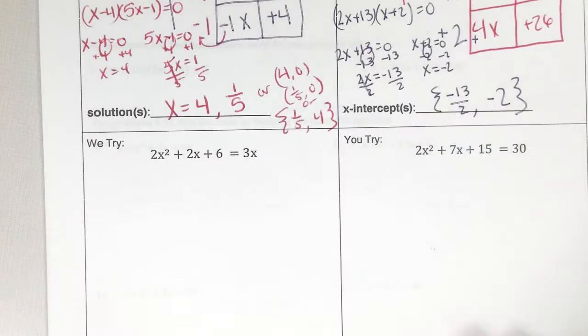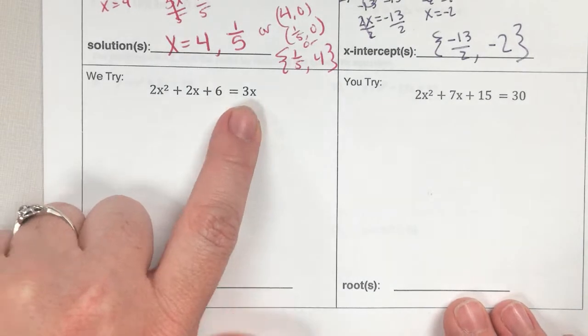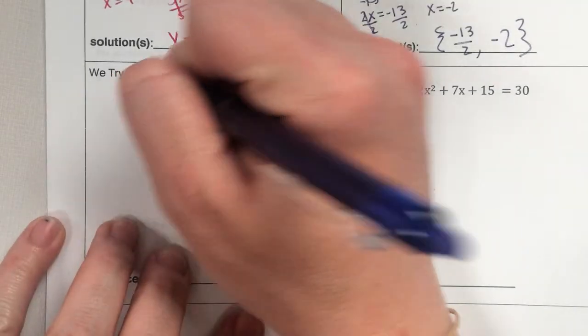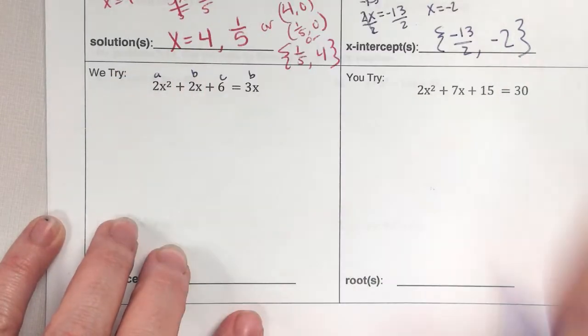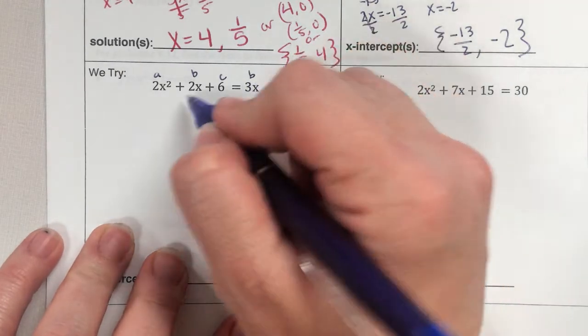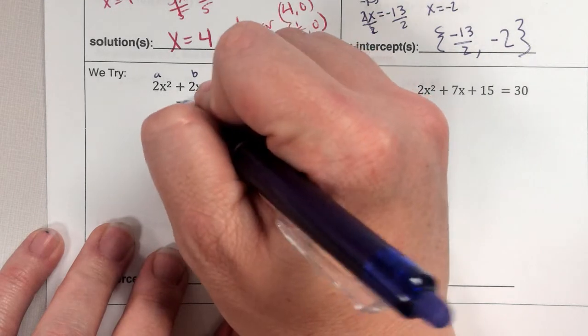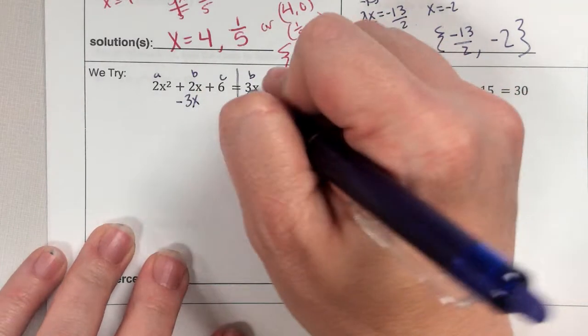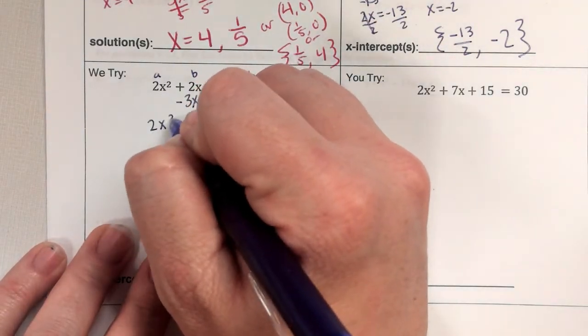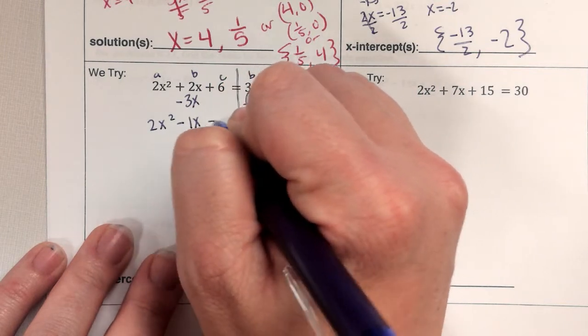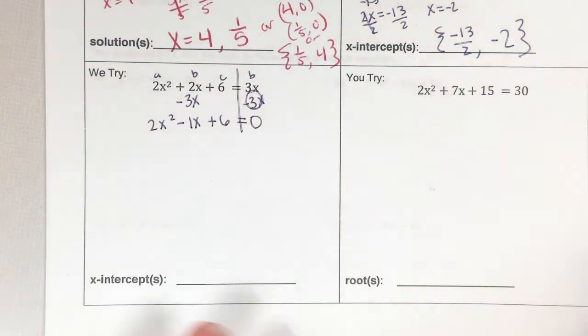Now let's try this one. Now this one is not in standard form, so we have to put it in standard form. So as a reminder, it's A, B, C, and this is going to be a B value. So I need to put my B value with my other B value. So I'm going to subtract to get rid of it, and I get 2x squared minus 1x plus 6 equals 0.